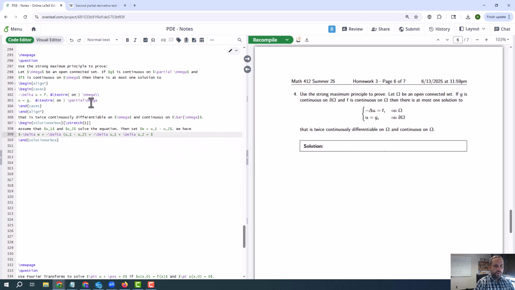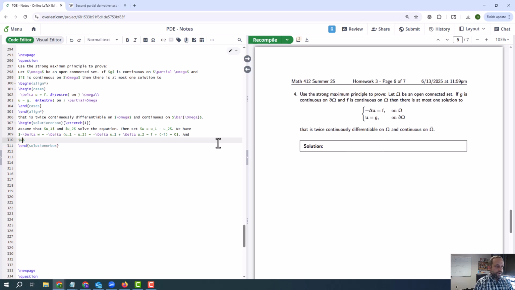Minus delta U1 is equal to F, and minus delta U2 is equal to F. So we get F minus F, and that's equal to 0. Okay, so this says minus delta W is equal to 0.